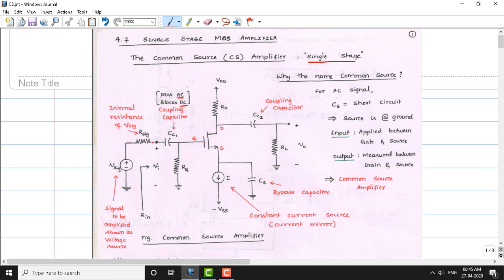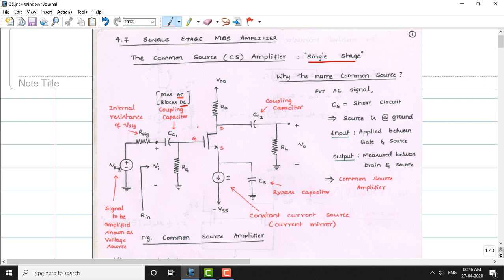AC signals are passed easily through this capacitor. And there is a resistance here, which is Rg. Usually this Rg is going to be a large value. Now the signal applied between the gate and the source is the input for the common source amplifier, which gets amplified using this transistor, the fundamental element in an amplifier.